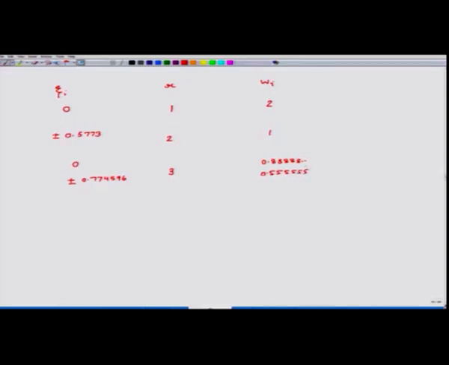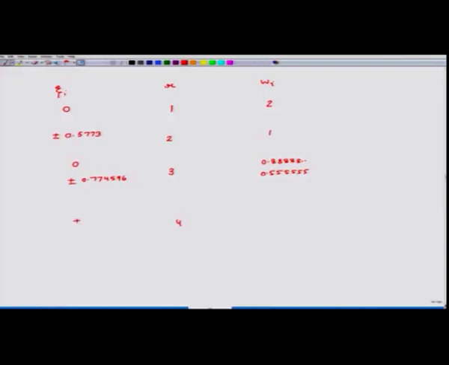If your function is more complicated, then you can use Gauss quadrature for R is equal to 4. Here we will have 4 Gauss quadrature points.